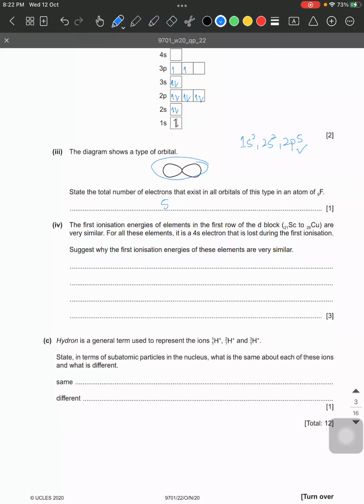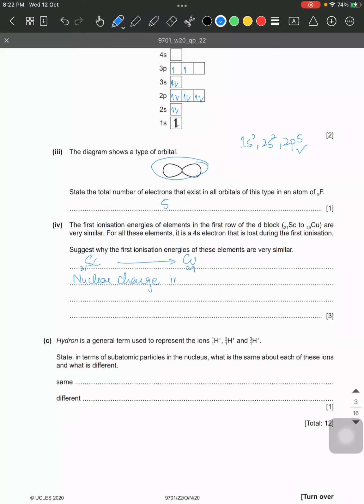So what is the right answer for this? Bacho, if you talk about scandium to copper, over here the proton number is increasing. So you can say that nuclear charge increases.